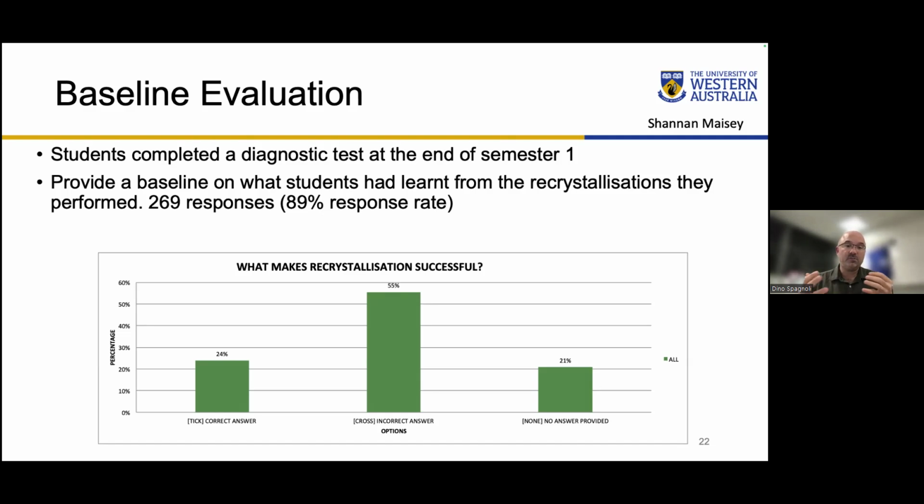We looked at their responses, and if they mentioned anything about purification, we gave them a correct answer. If they mentioned anything else, it was incorrect. We wanted them to put purification or something about purification in their answer. You can see that 76% of students didn't put an answer that we felt reflected what we hoped they would have learnt by doing their laboratory.